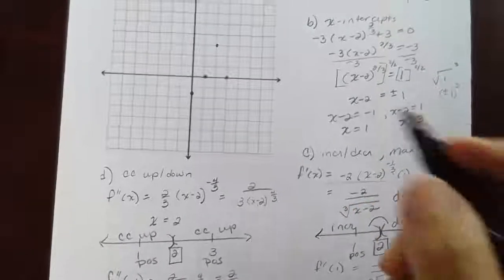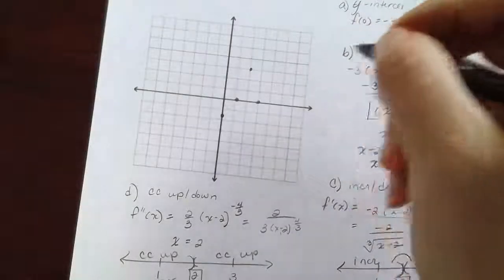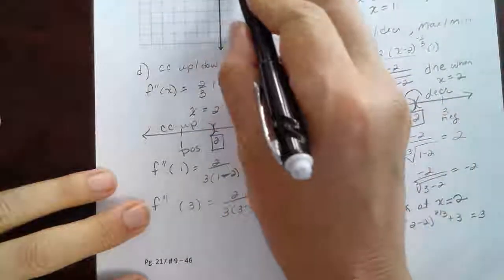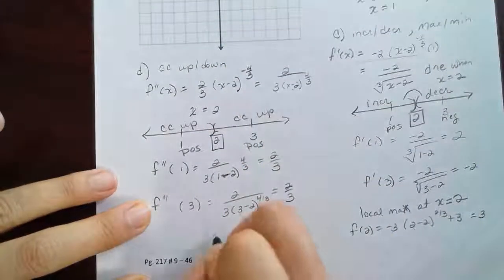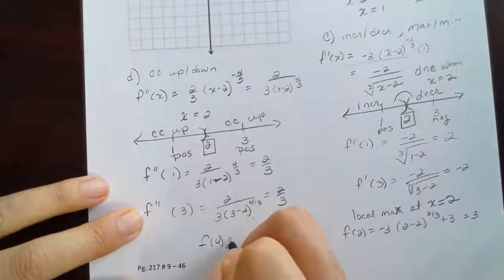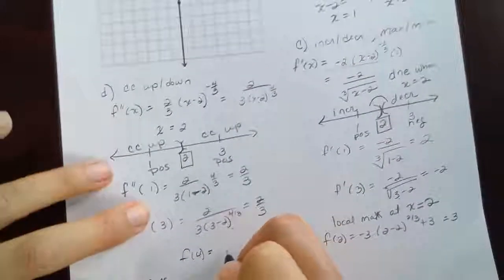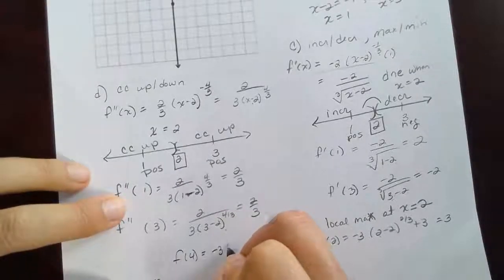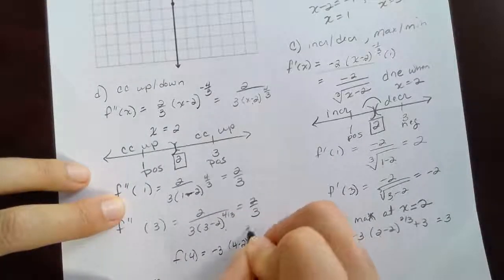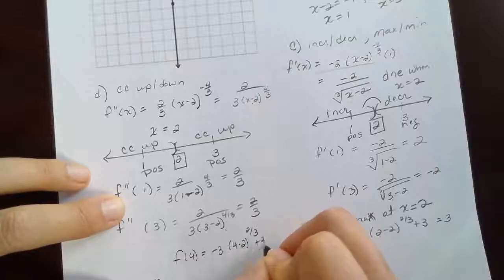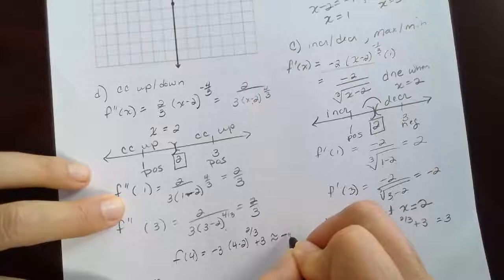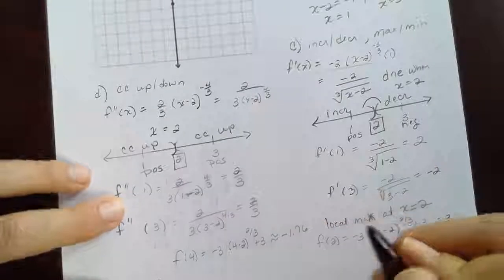So then, let's go ahead and get a couple extra values, and then we'll draw our picture. So we're going to do f of 1, 2, 3, 4. So f of 4 will be negative 3 times 4 minus 2 to the 2/3 plus 3, which will be equal to, when you put it in your calculator, approximately negative 1.76.